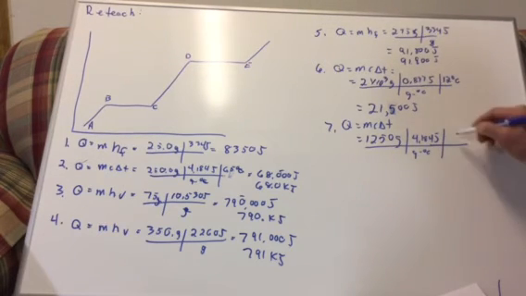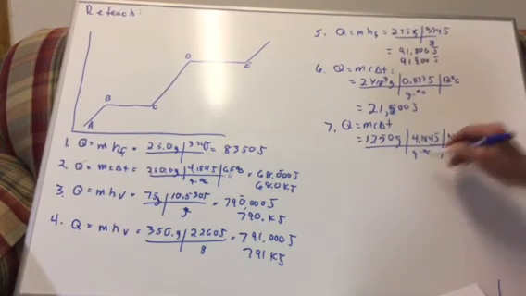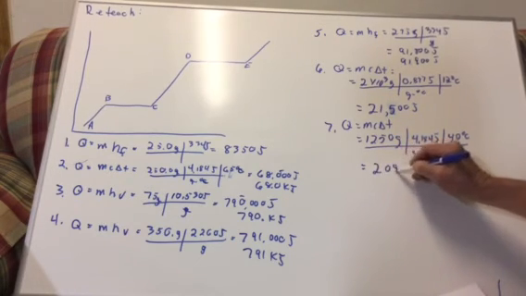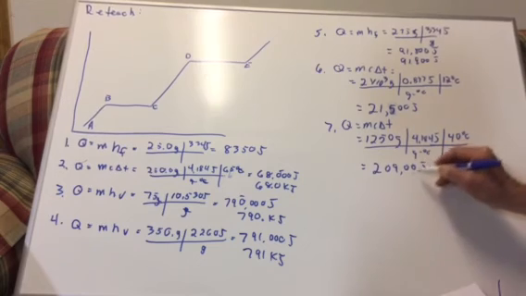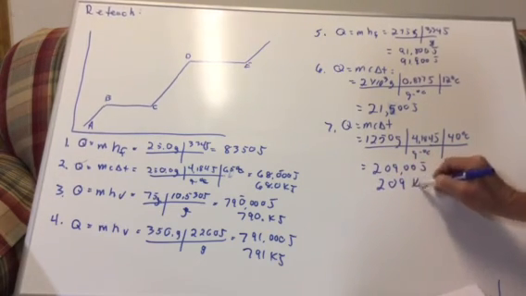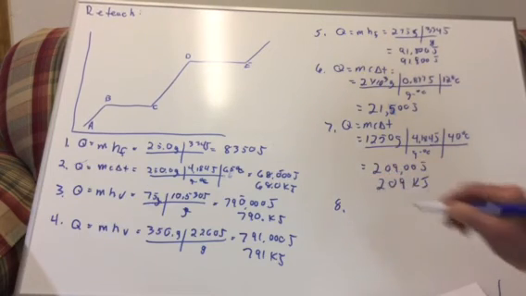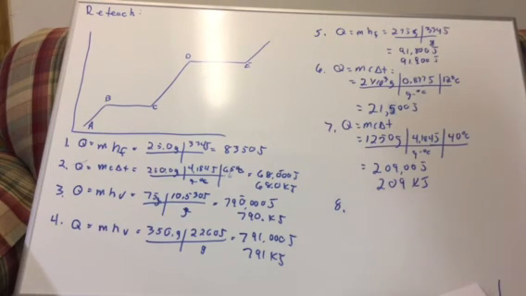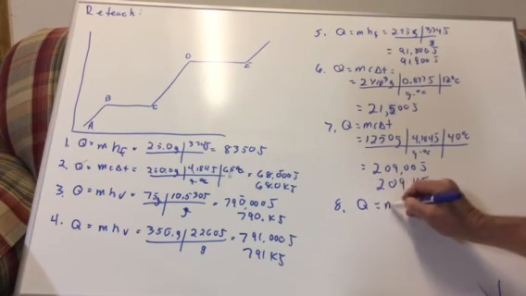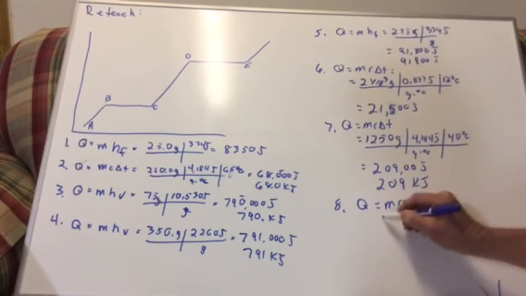And the temperature change is 40 degrees Celsius. And your answer is 209,000 joules, or 209 kilojoules.